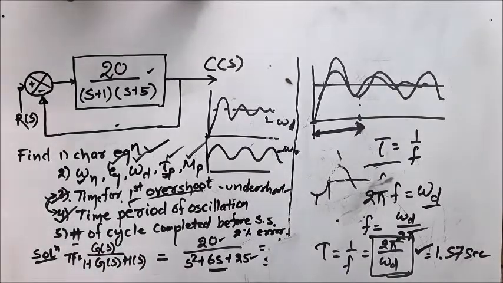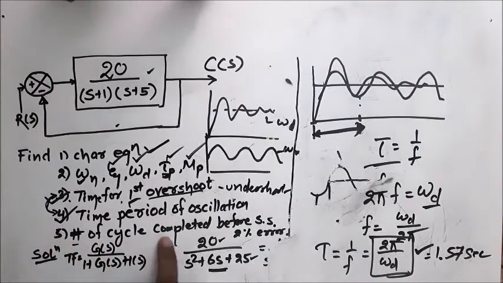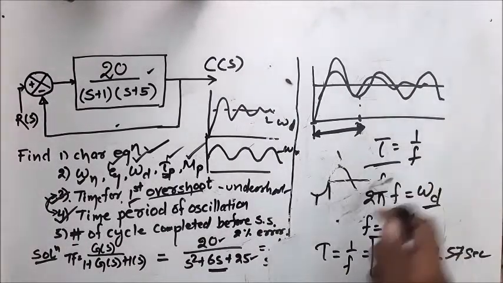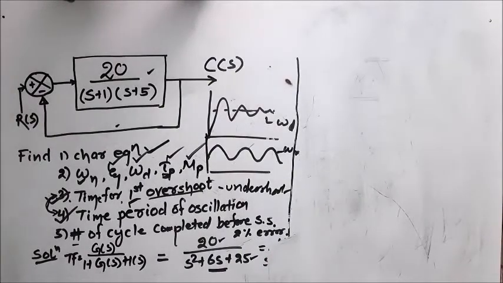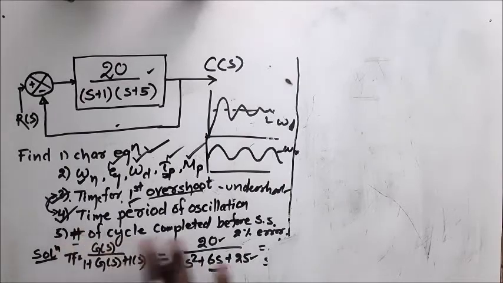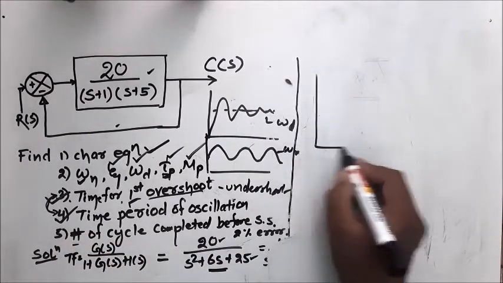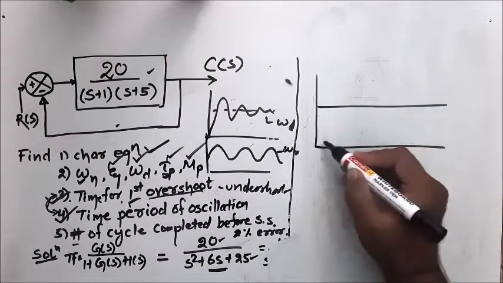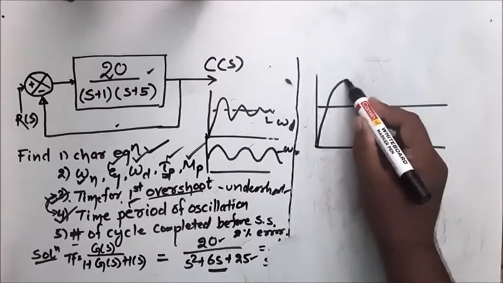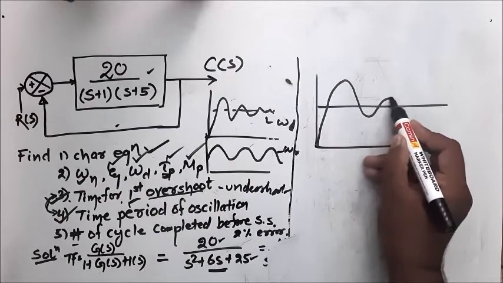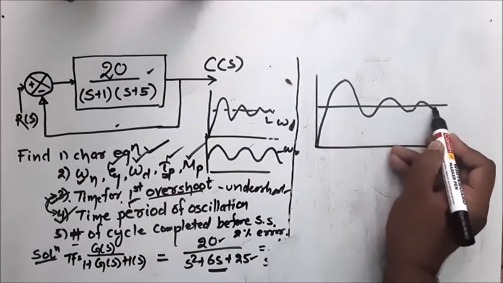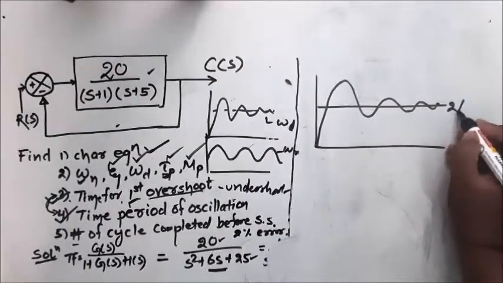Then they ask for the number of cycles completed before steady state. If I try to draw a diagram to make you understand, let's say this is my underdamped system with an error of just 2%.